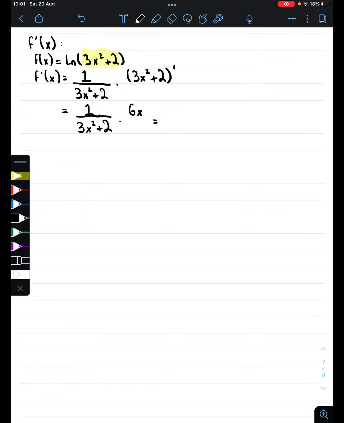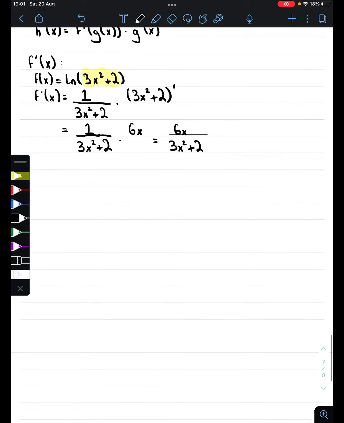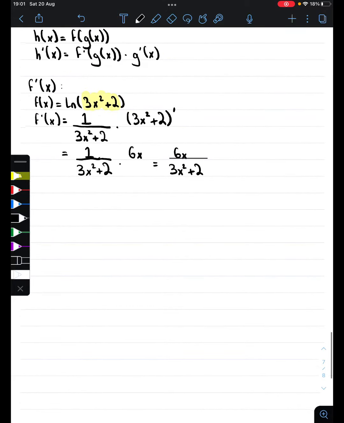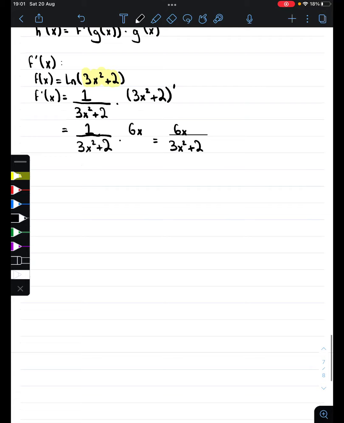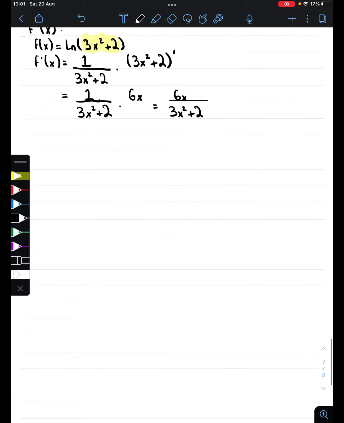So this is just 6x over 3x squared plus 2.